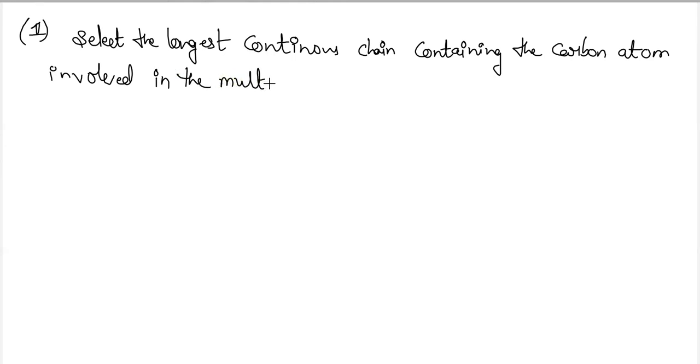It is compulsory to contain the carbon atom which has the multiple bond in the chain we are using. That carbon atom can have multiple bonds such as a double or triple bond, and on the basis of this we will name the compound.